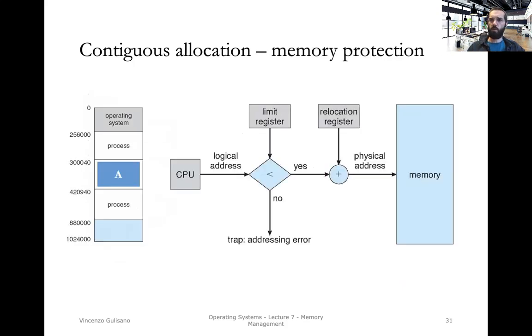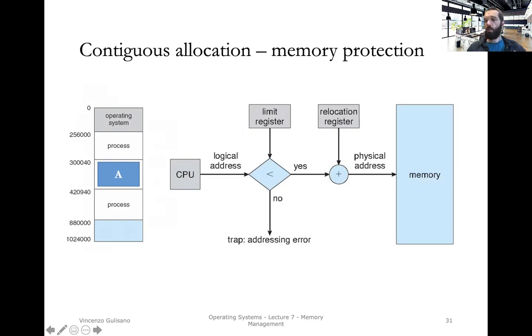Now each process has its own logical addresses. They start at 0 and they go up to a certain number. When we are running, let's say, process A, and A wants to access a certain logical address, which in this case will be an offset, we check whether this is less than the limit for the process.